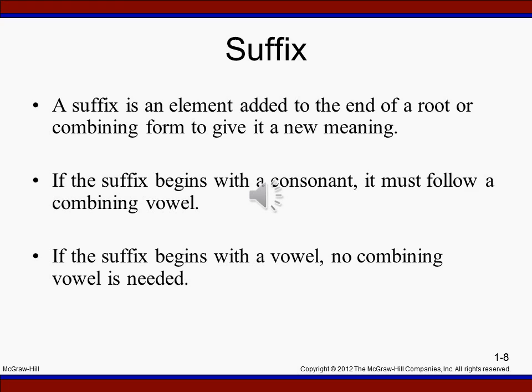So to make the word complete, you must add a combining vowel of O, which is needed between the root and the suffix, which begins with a consonant. Sometimes a word can also have two suffixes. If the suffix begins with a vowel, no combining vowel is needed.